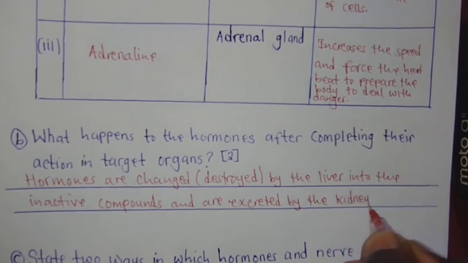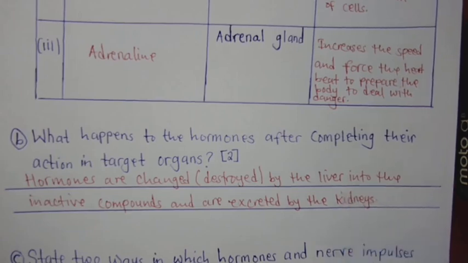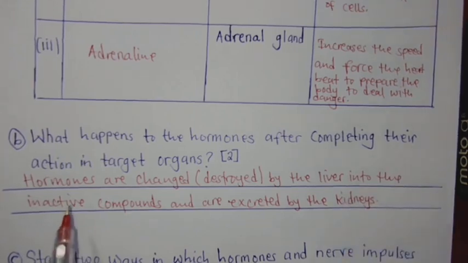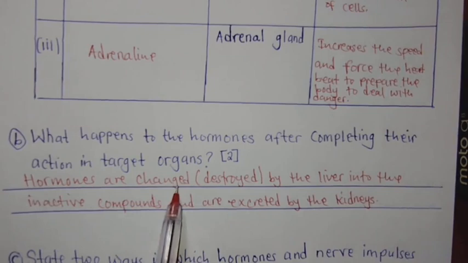So this is what happens to the hormones after they are done their functions. Meaning that they are destroyed and excreted out of the body through the what? The kidneys. Okay, so we have answered our question B.